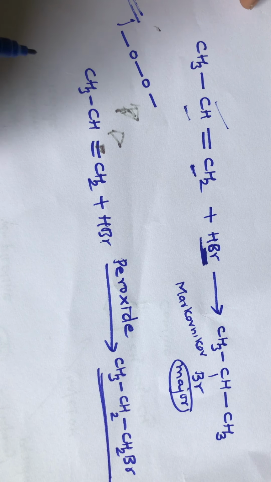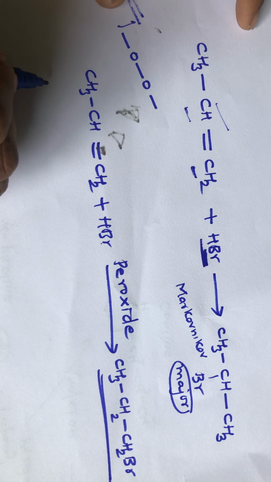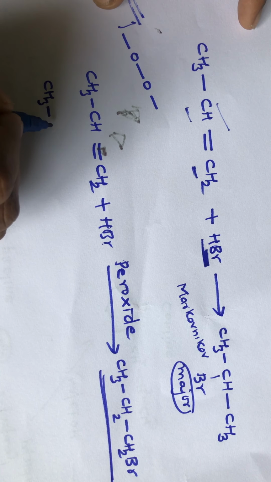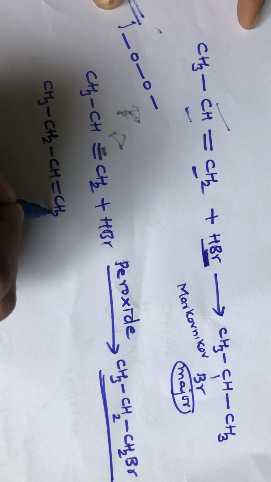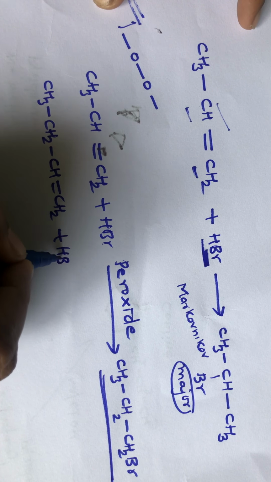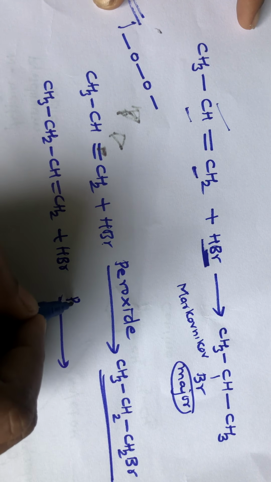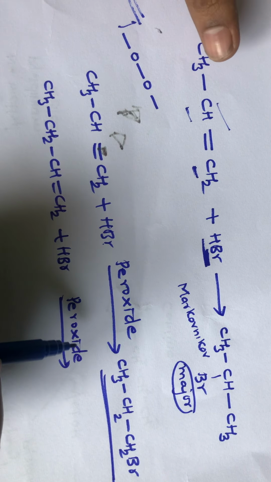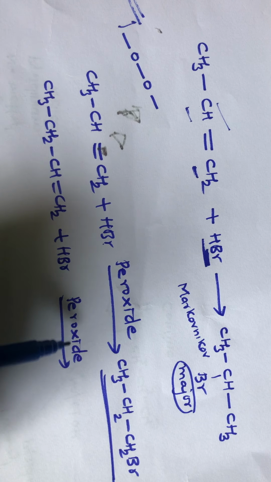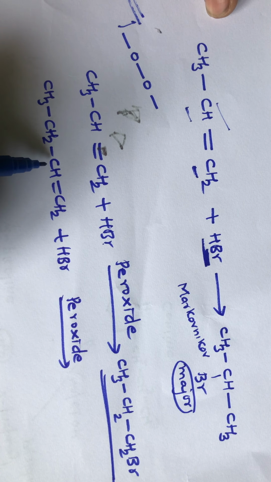Okay, we will go through some other examples also. Take this: HBr in presence of peroxide. If you are not using peroxide, Br will attack the carbon containing the least number of hydrogen atoms.